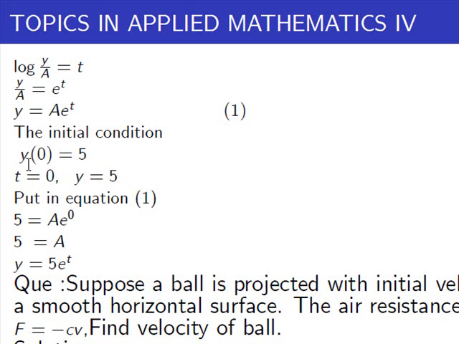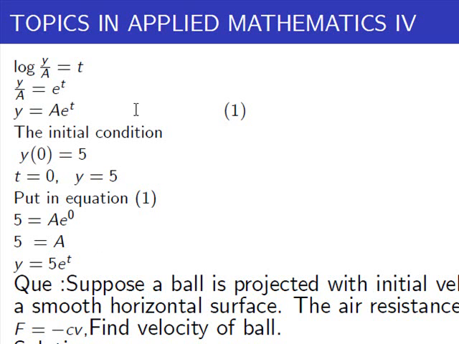We put here in equation 1 y equal to 5 and t equal to 0, e raised to power 0 is 1, A is equal to 5, and so our solution is y is equal to 5 e raised to power t, and now this is the particular solution of the problem.